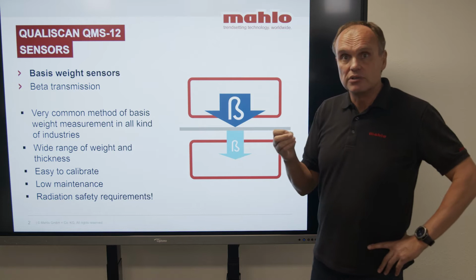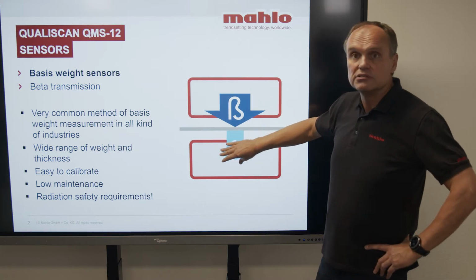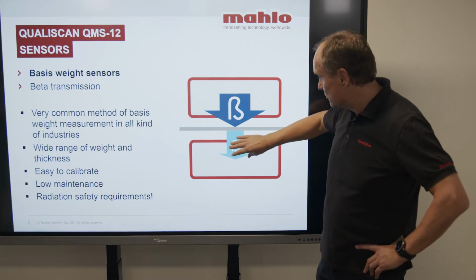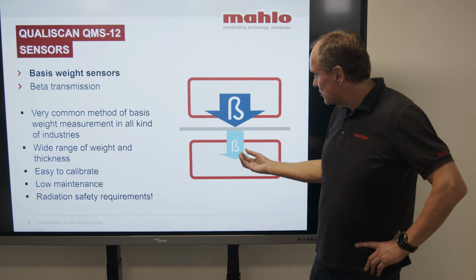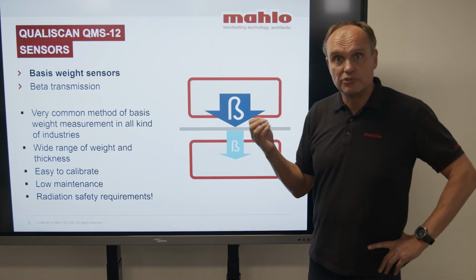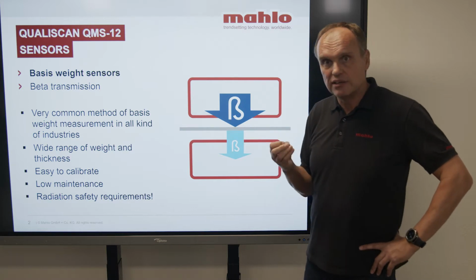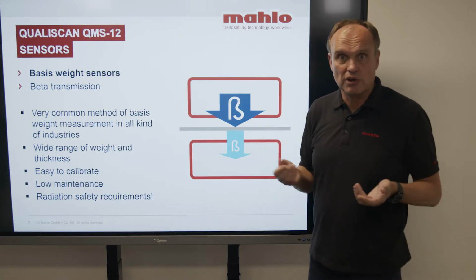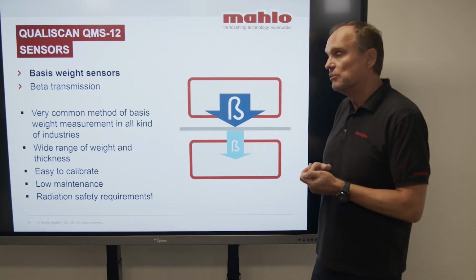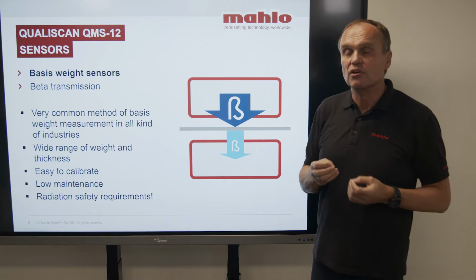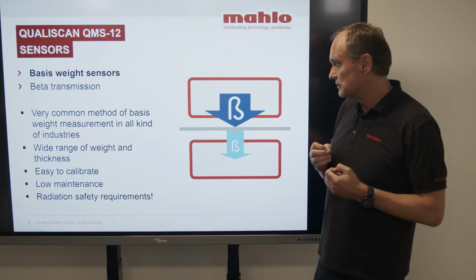According to the basis weight of the web, the radiation is reduced at the receiver. The receiver detects the loss of radiation energy and calculates very exactly the basis weight in grams per square meter. So this is, in simple words, the function of a beta gauge basis weight sensor.